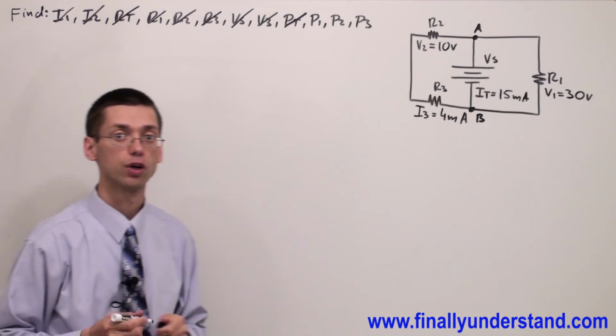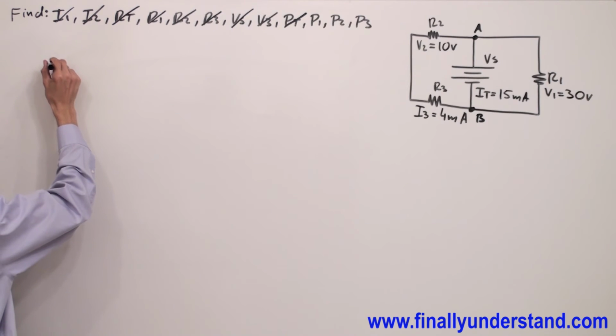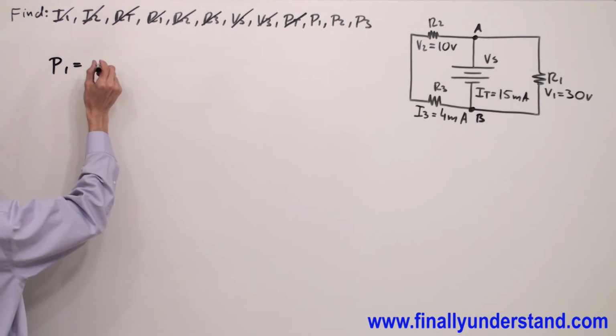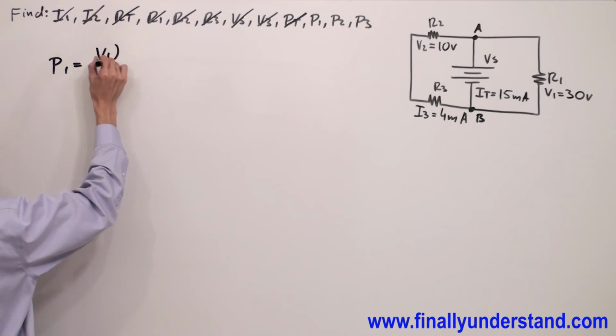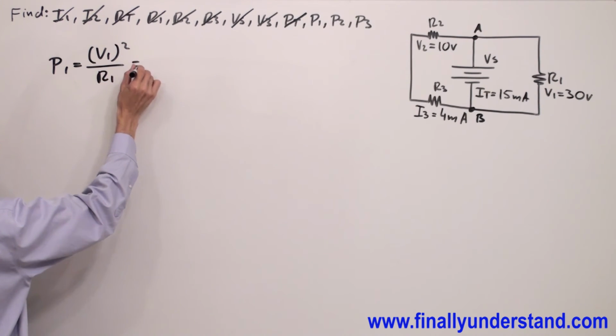Power at resistor R1, I'm going to calculate using the formula P1 is equal to V1 squared over R1.